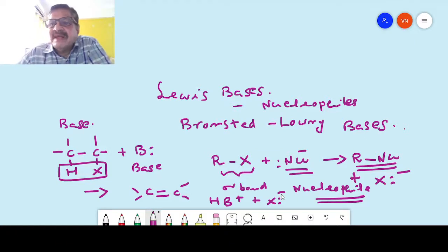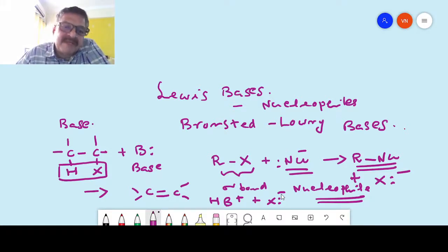A Bronsted-Lowry acid is a proton donor. That means its structure should contain a proton. We know that HCl, H2SO4 and many other acids are Bronsted-Lowry acids. Now, a Bronsted-Lowry base is a proton acceptor. The theory is based on protons, therefore proton donor, proton acceptor.